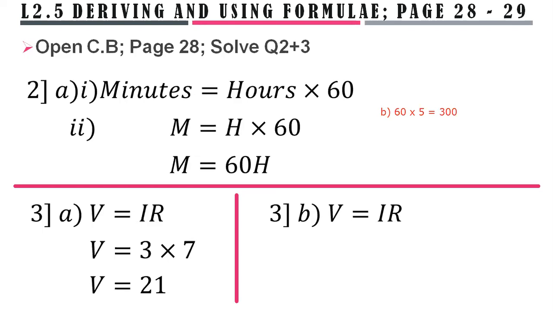R is 9. Why? R is what? Are you opening the book? Yes. Okay, I is 4 and R is 9. Okay, so what should we write here? 4 multiplied by 9. Yes. 36. Yes.